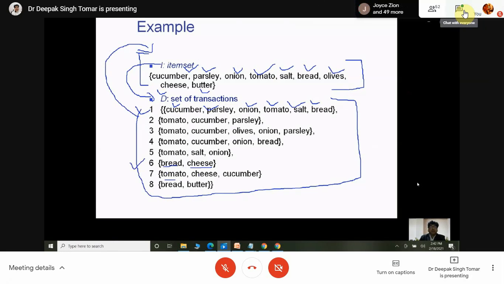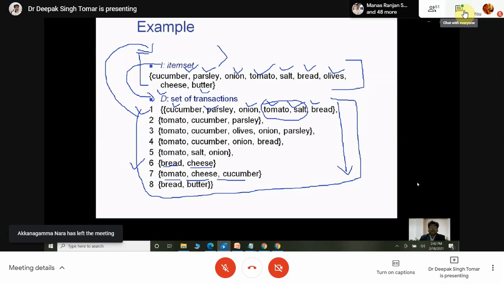User 7 bought tomato, cheese and cucumber. These may be very large numbers, and the transactions are also very large. So we have to find out how many times the user buys tomato and salt together. Here he is buying tomato and salt together, that is 1. Here we don't have tomato, and salt is there, that is 2.